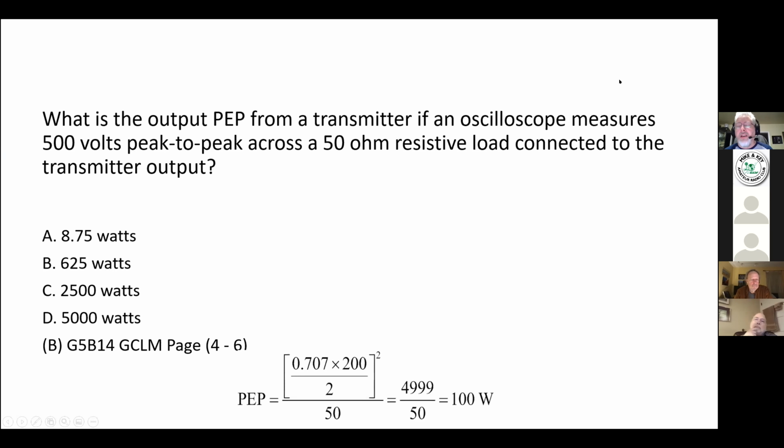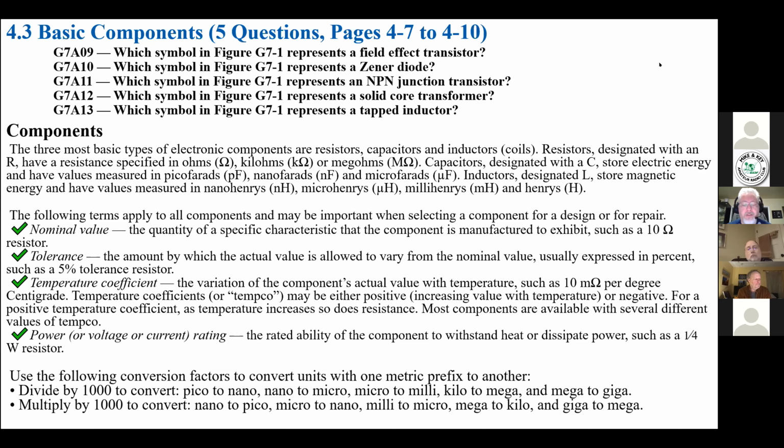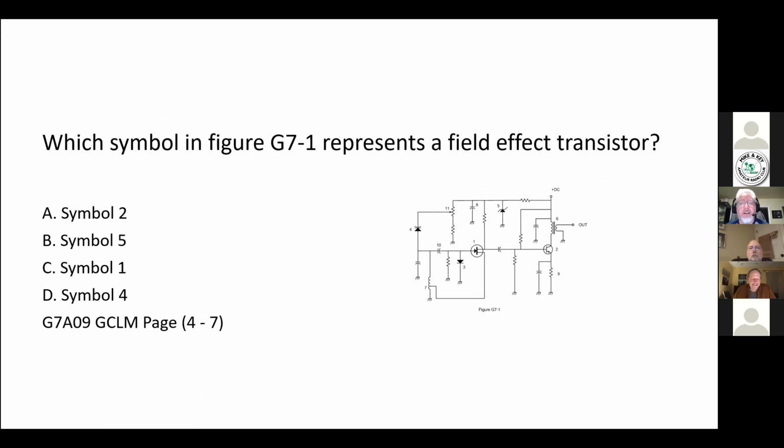Divide by 1,000 to convert pico to nano, nano to micro, micro to milli, kilo to mega, and mega to giga. Multiply by 1,000 to convert from nano to pico, micro to nano, milli to micro, mega to kilo, and giga to mega. All righty.